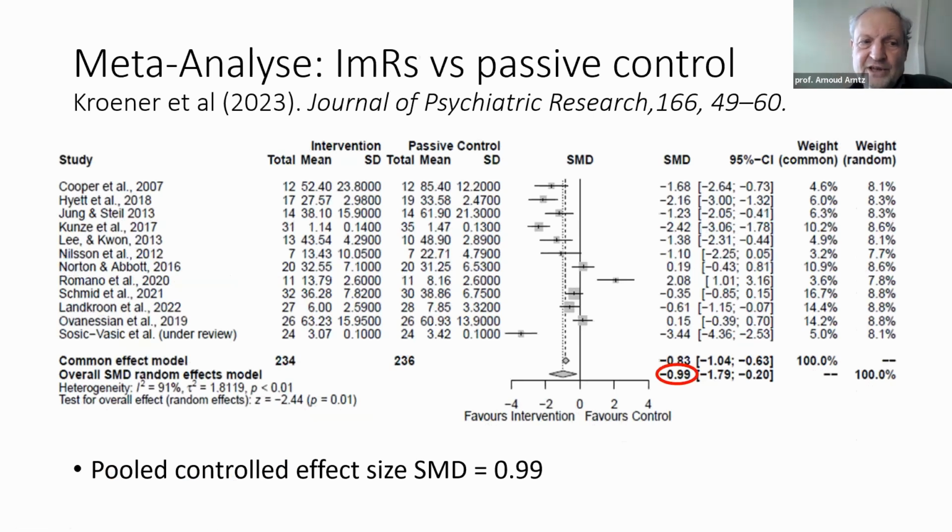And when we look at the effect sizes when imagery scripting is compared to a passive control condition like waitlist or just attention, just talking, then you see still a high effect size of about 1 of the difference between imagery scripting and that control condition.